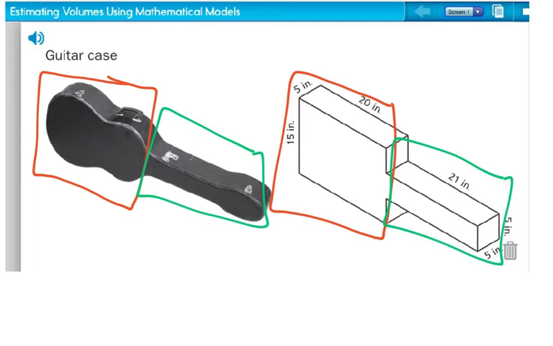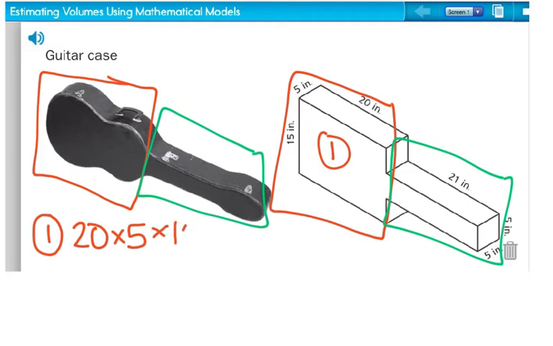So let me take this one first. Number 1, let me make that red. On your whiteboard, I want you to write number 1. I want you to write length times width times height. So the length 20 times the width 5 times the height 15.